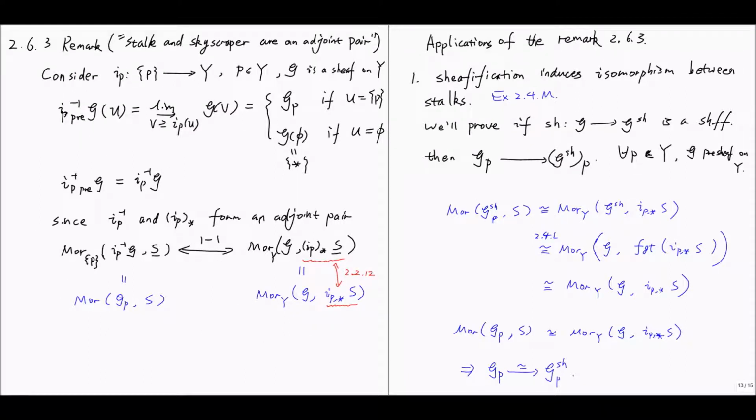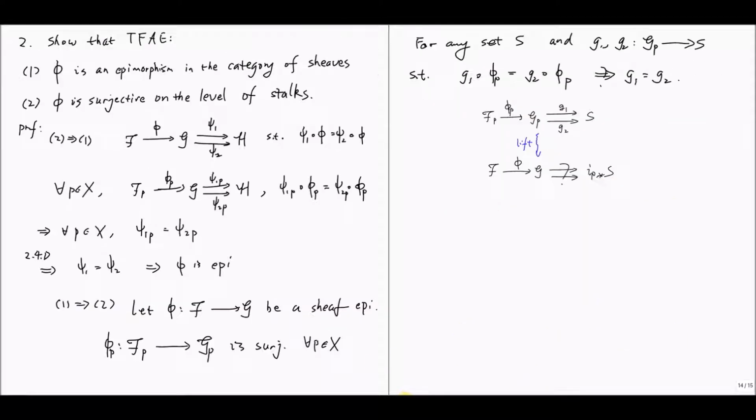To this end, we use the results in here. We notice that there's a natural bijection, and G1 and G2 are maps in here, which corresponds to two maps in here.